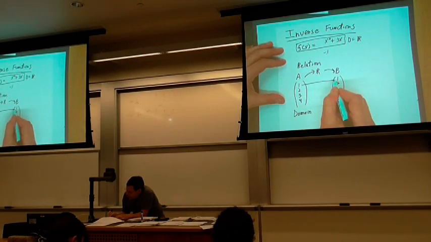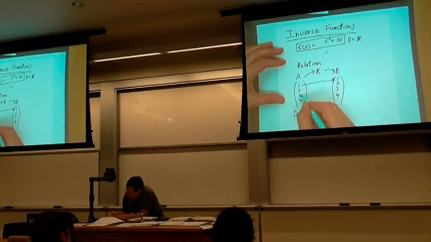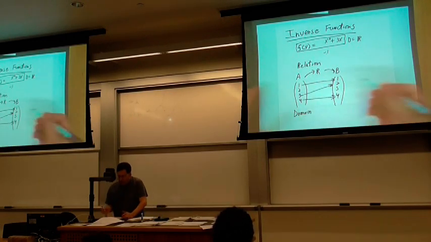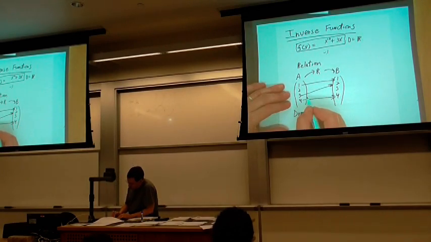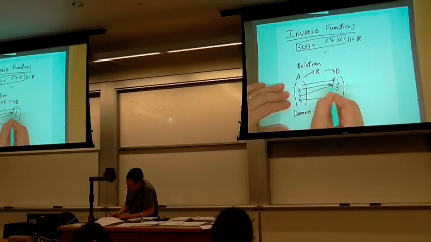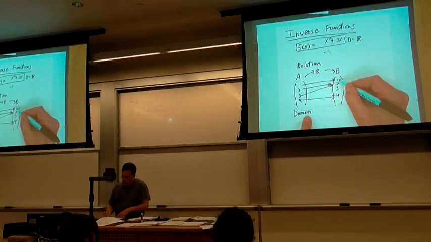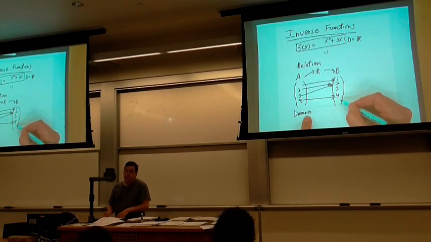So I'm going to map 1 to 1, and 3 to 2, and 4 to 4, and I have to map 2 somewhere. I'm going to map 2 to 2 also. So here, my range is just 1, 2, and 4. 3 is not part of my range.